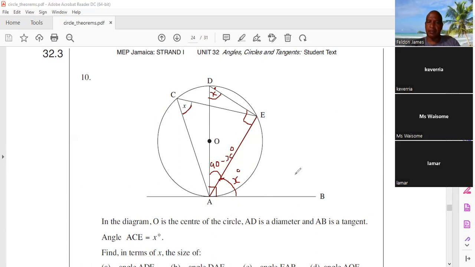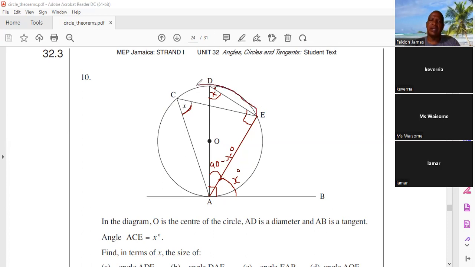Sir, which sector you're using, sir? The one from A to E? That is what they use, that chord they use to divide both sectors? Not sectors, segments. So, yeah. Right. So angles within the same segment on the circumference are the same. So this angle, if you're using this chord from A to C to D, you're using the same chord, and A to D to E. These two angles are within the same segment, right?